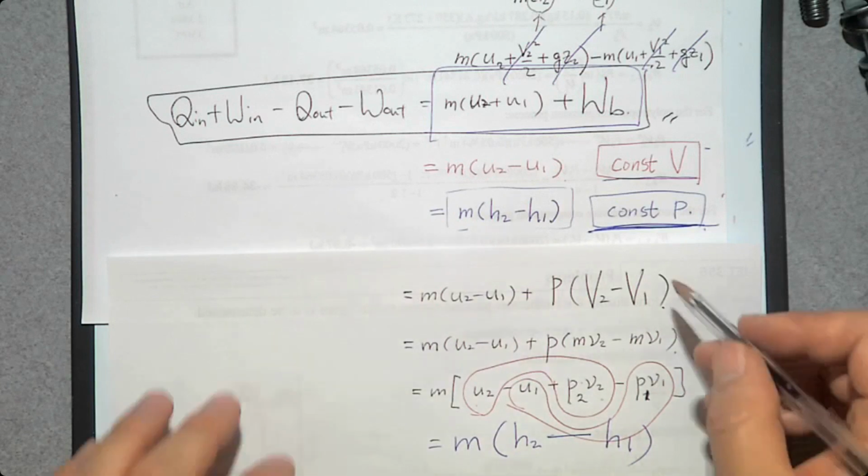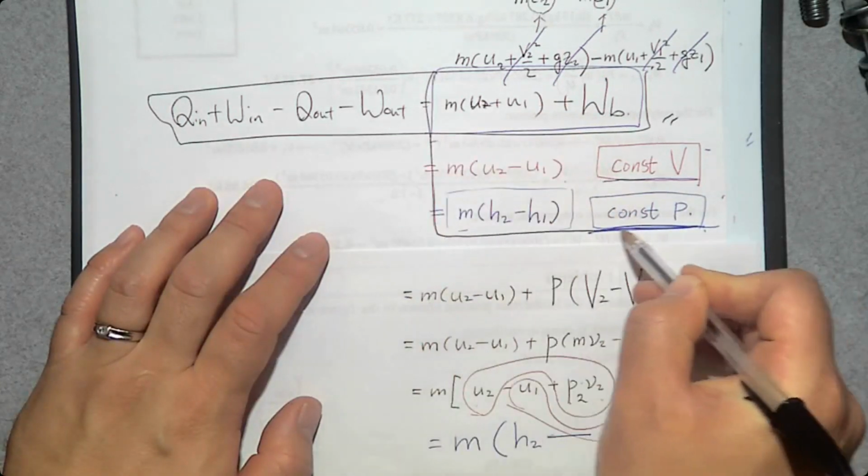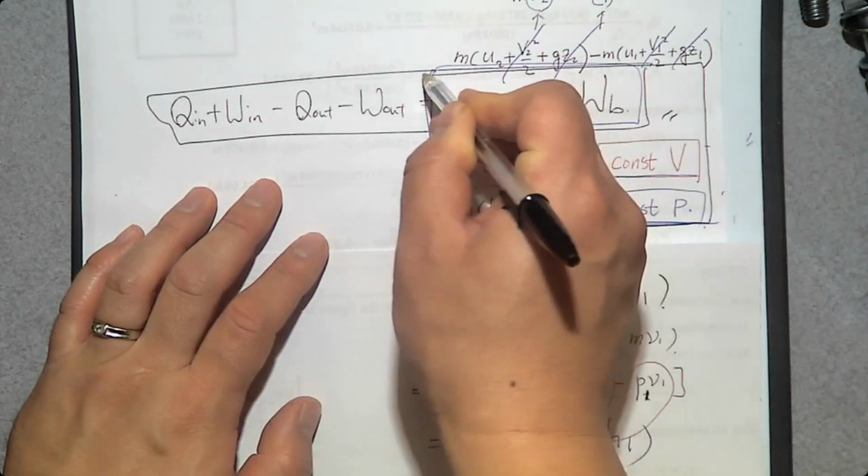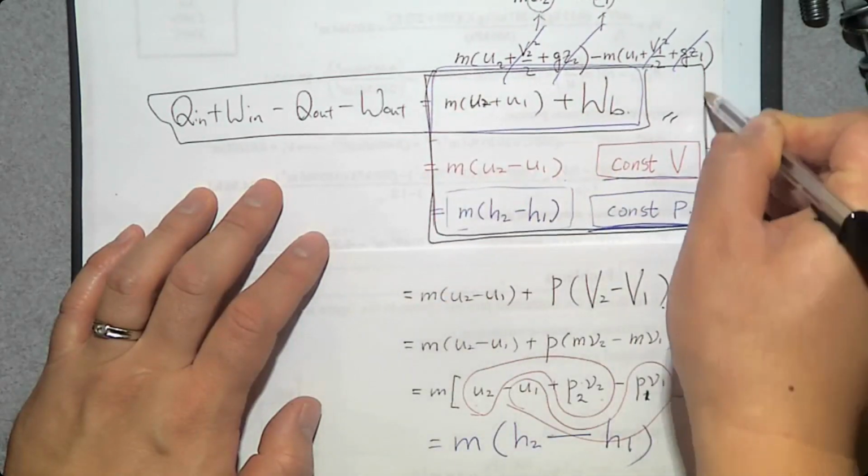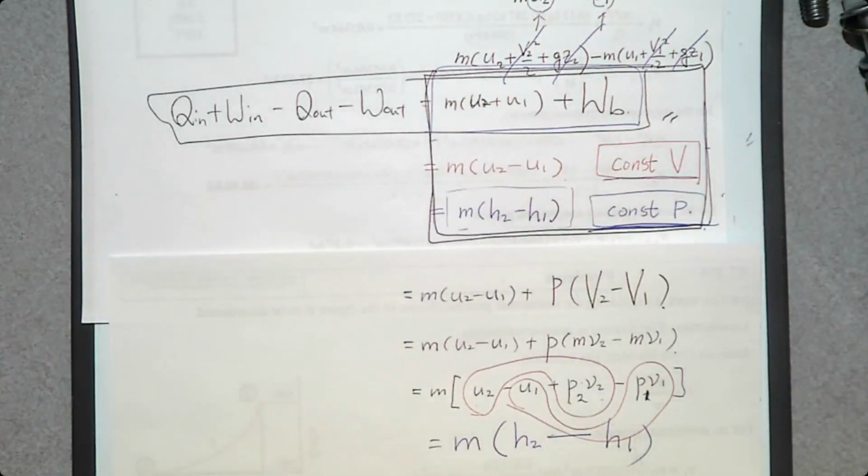So these are three options that you can use for the energy balance equation. If it is constant volume, use this one. If it is constant pressure, use this one. If it is none of these two, use the general one. So that's the variation on the right-hand side of this equation.